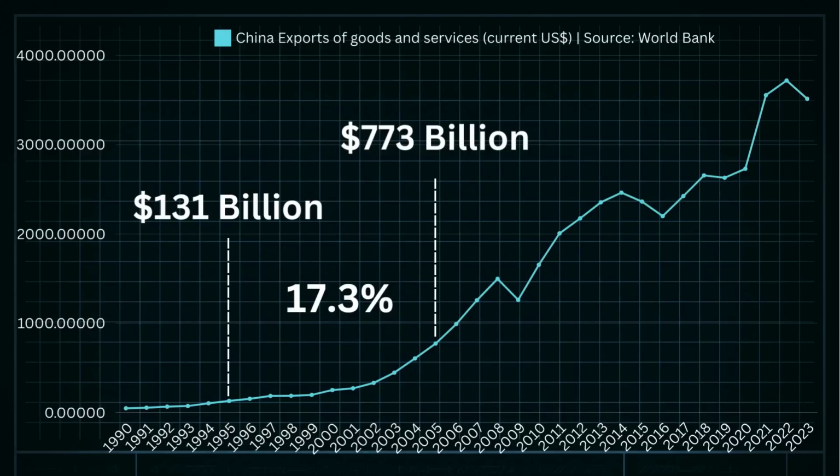But as we mentioned earlier, from 2005, they allowed the currency to become more flexible. So, what's the growth rate from 2005 to 2015? Well, in 2015, the total exports of China stood at $2.36 trillion, with the previous data of $773 billion in 2005.